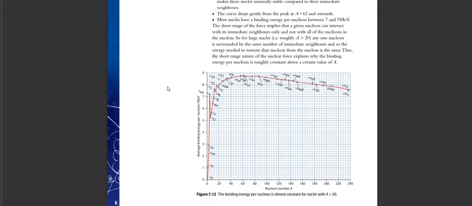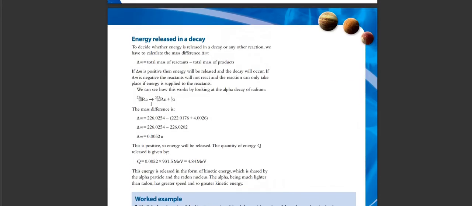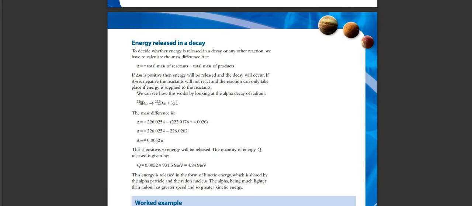Like the alpha decay, for example. You're having a decay over here, and you're being told that it releases energy, but where does this energy exactly come from? Why do various nuclear reactions produce energy?